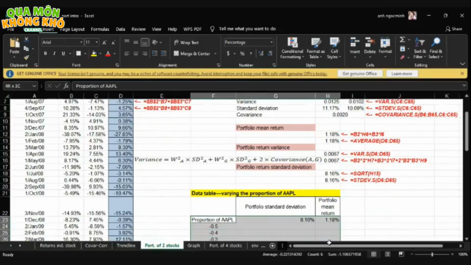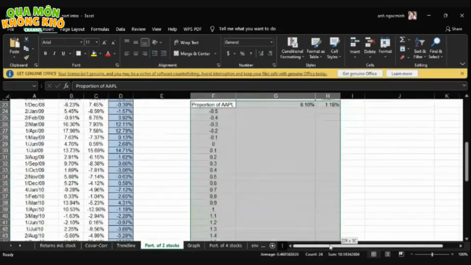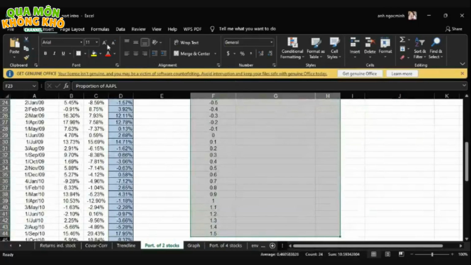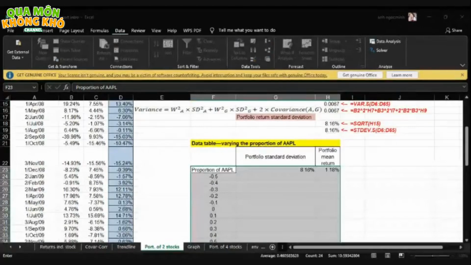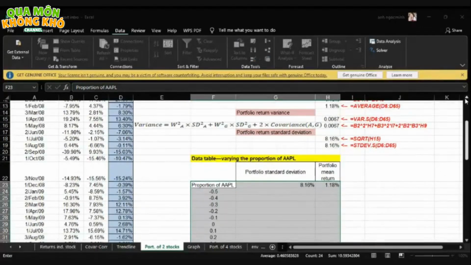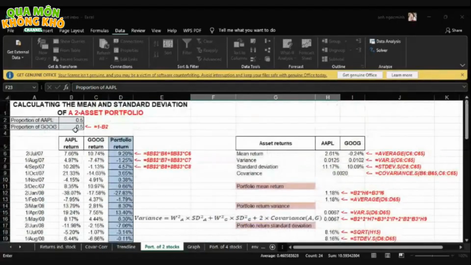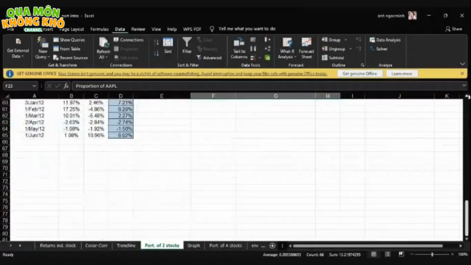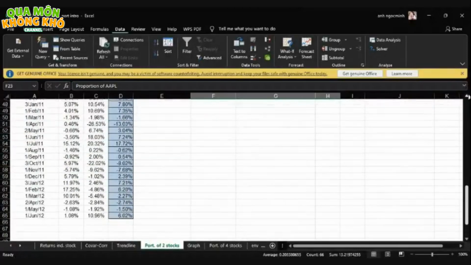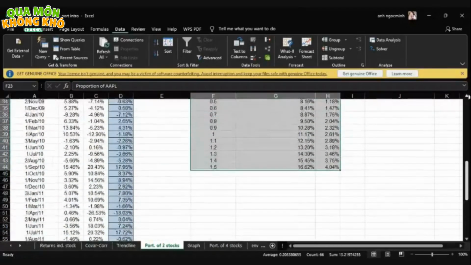And I just choose data analysis, data table, and the column is the proportions of Apple. So here we can get the table with the various scenarios.